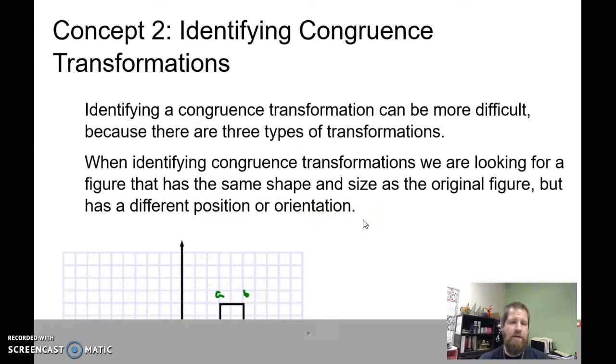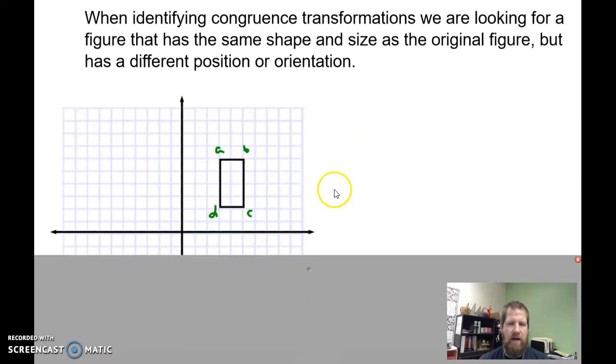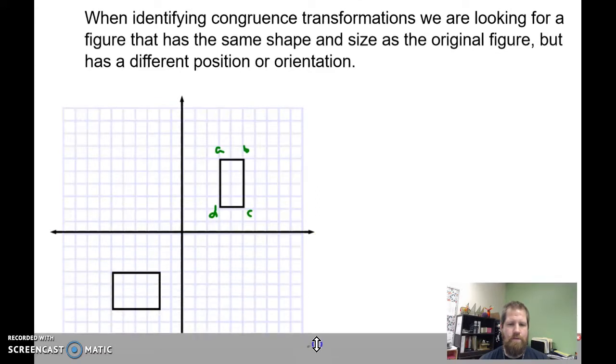However, because there's 3 different types of congruence transformation, it can be more difficult to identify the specific kind of congruence transformation. Okay? Now, if I have these two as my 2 figures, and I'm trying to determine if this is a congruence transformation, so going from this box or rectangle to this rectangle, I'm going to look and identify the size of it.